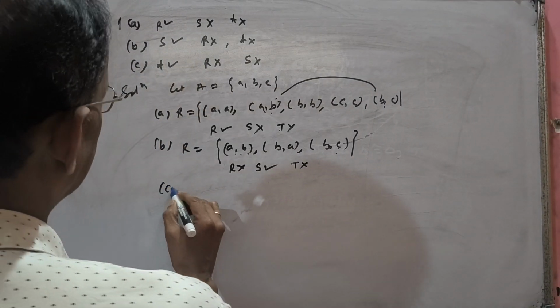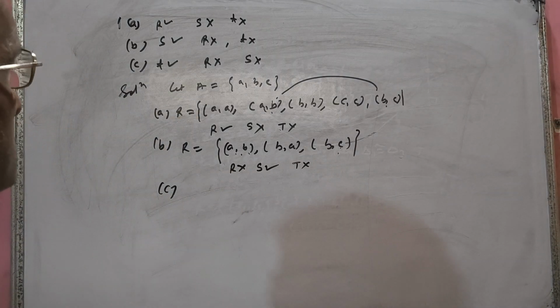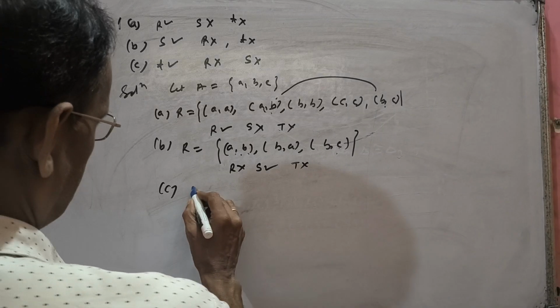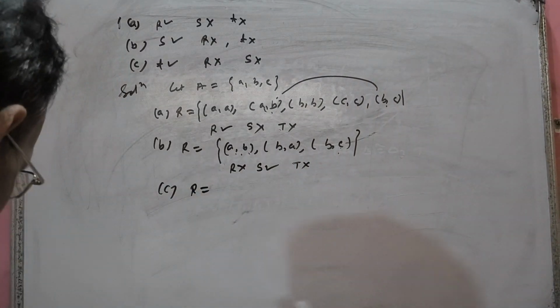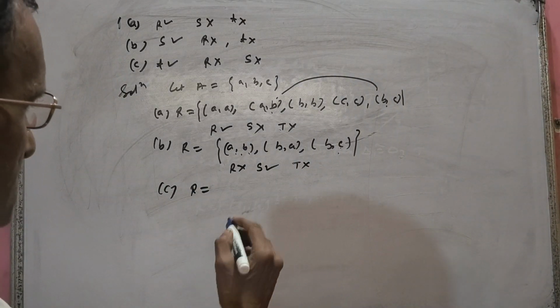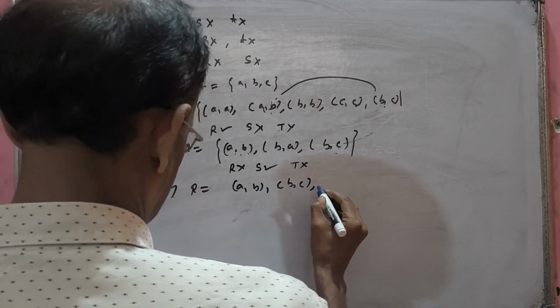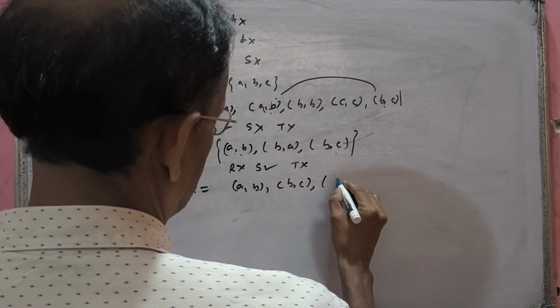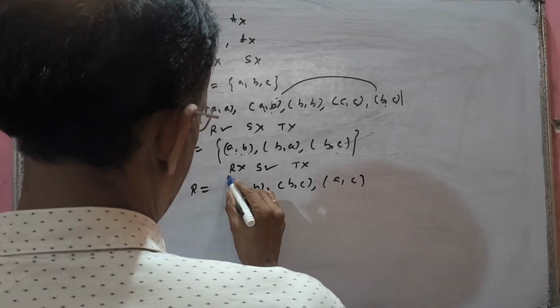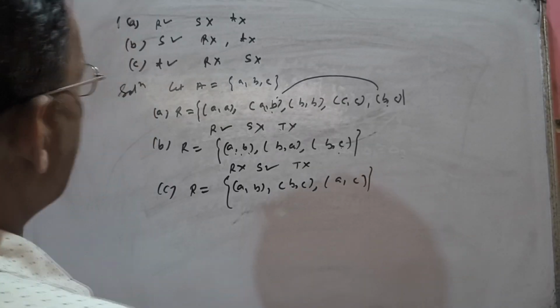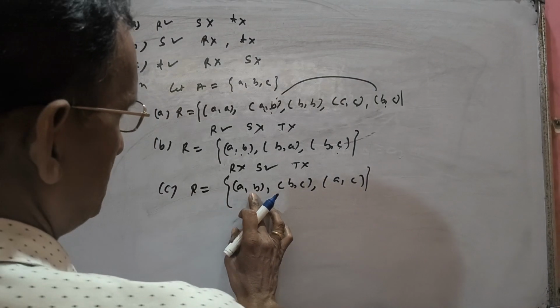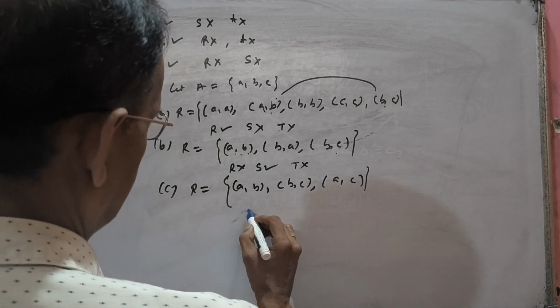Part C, it should be transitive, but it should not be reflexive, it should not be symmetric. So let R equal to (A, B), (B, C), (A, C). (A, B) here, (B, C) here, so (A, C) here, it is transitive.